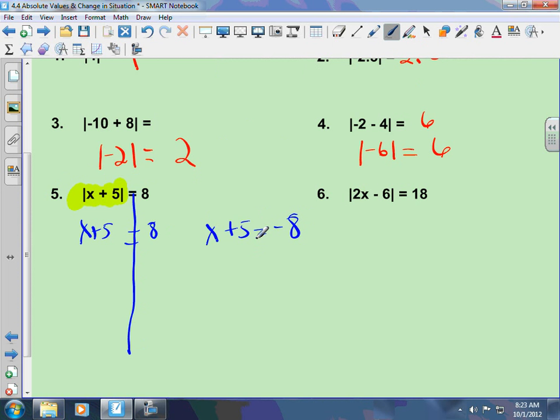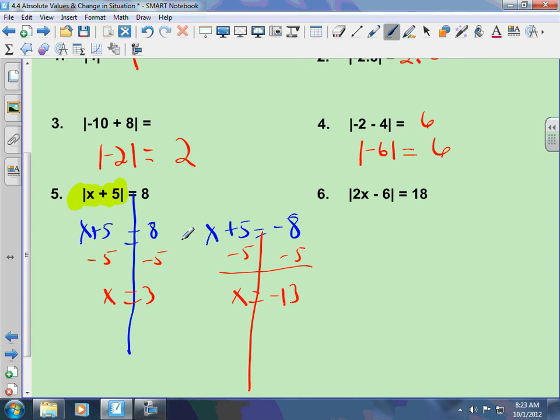I must set it equal to both the positive and the negative. Now I subtract 5. X equals 3. Now I subtract 5. X equals -13.